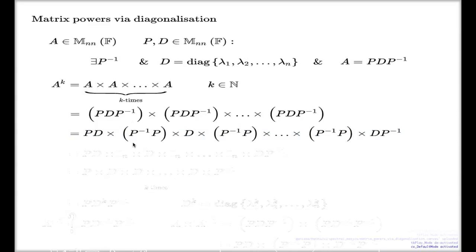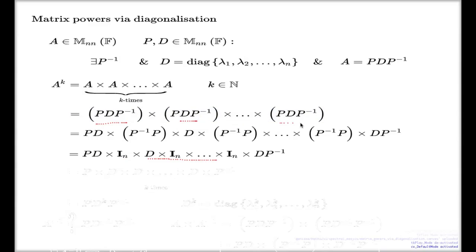Each bracket here can now be shortened to just the identity. That's what the inverses are for, to cancel the matrices. So each bracket becomes just the identity: P D, identity, D, identity, many other D's and identities, like this. Clearly, identities don't change anything, so we can drop them from the presentation. How many D's will stay here? There will be 1 D for each original bracket.